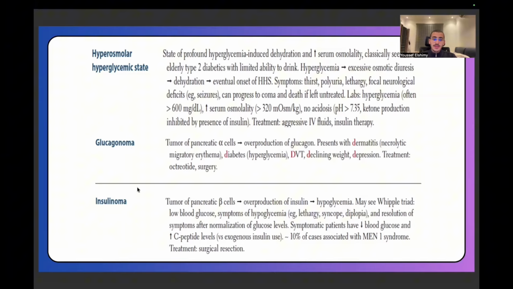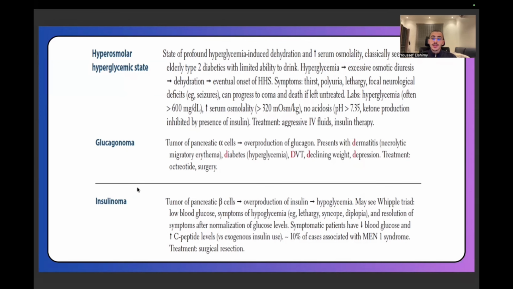We have two tumors. We have the glucagonoma and the insulinoma. Starting with the glucagonoma, which is basically a tumor of the pancreatic alpha cells, because the alpha cells are the cells that produce glucagon. There would be overproduction of glucagon, so they would present with dermatitis, which is also called necrolytic migratory erythema.